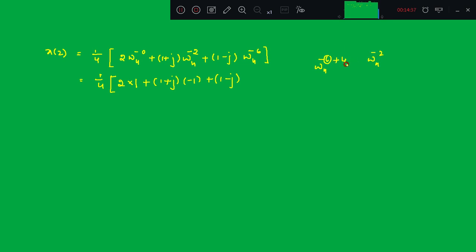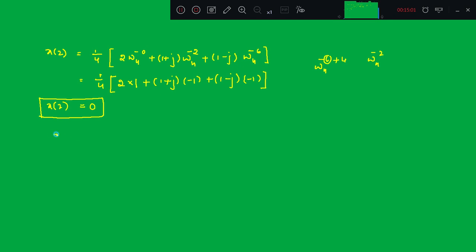So this difference you have to remember, w4 raised to minus 2, and w4 raised to minus 2 is how much? Again it is minus 1, right? So again simplify this and multiply it by 1 by 4, so you will get how much? Again x of 2 is equal to 0.